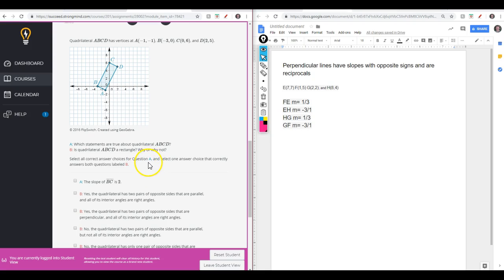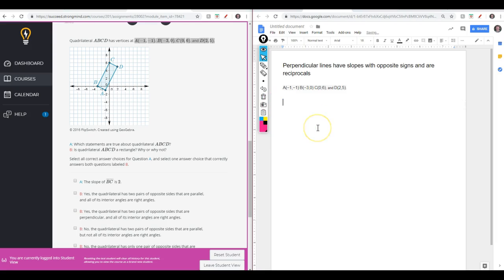Okay, so this is exactly like the last question, so we're going to be doing that the same way. I'm going to be copying these points again so that I can keep track of the coordinates while I use my slope formula calculator.